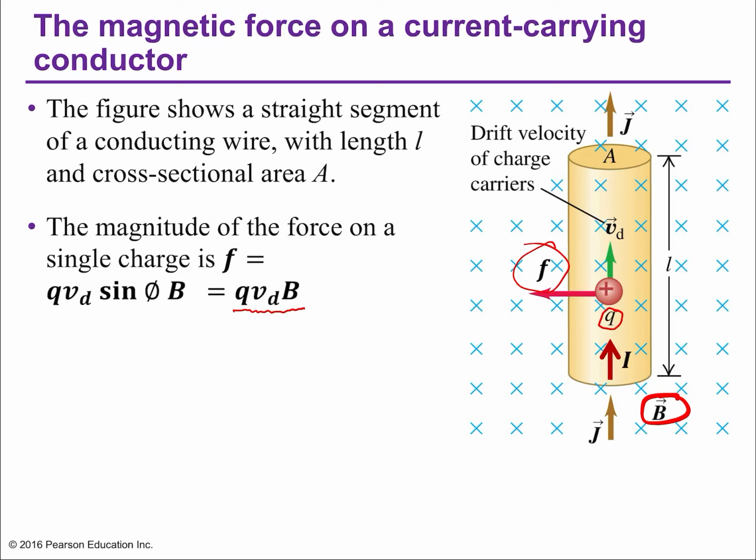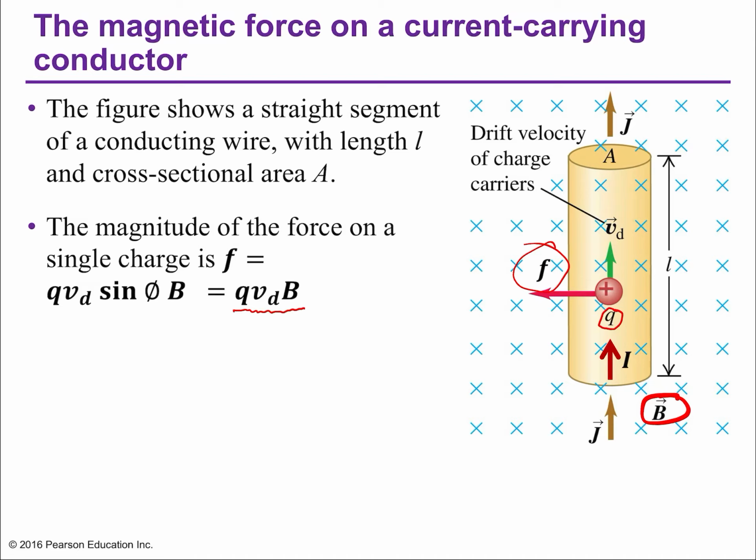So that is the magnitude of the force exerted on that particle. But as you know, there are many charge carriers in that conductor. So if you want to know the total force exerted on the whole length of that conductor, you have to multiply this force by the number of carriers that exist in that conductor.